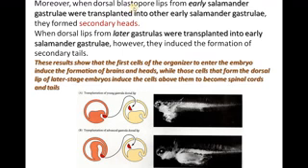Moreover, imagine that the dorsal blastopore lips from early salamander gastrulae were transplanted into other early salamander gastrulae. That means, with two salamanders, if you take and transplant the blastopore lip, they form a secondary head region.